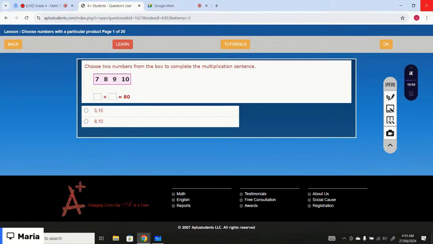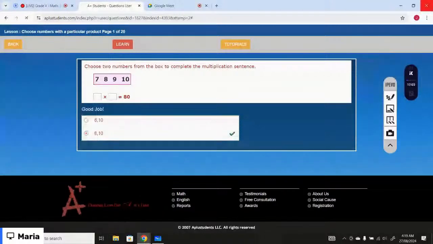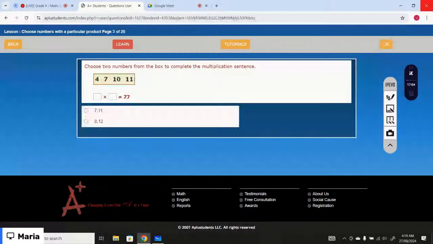The correct option is 10 times 8 is 80, right? Option number 2 is the correct option, right? Very good. Okay, the next one is choose two numbers from the box to complete the multiplication sentence. Dash and dash have the product 77. So which is the correct option?